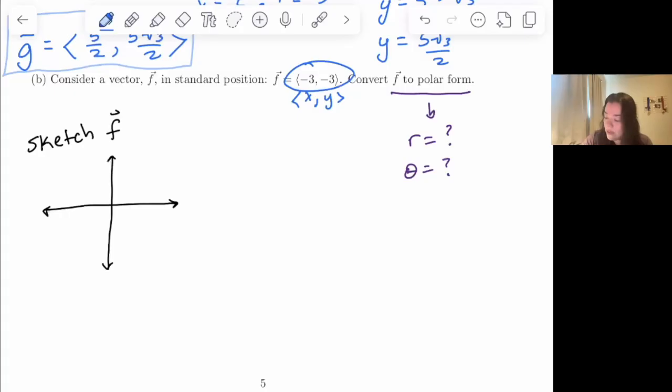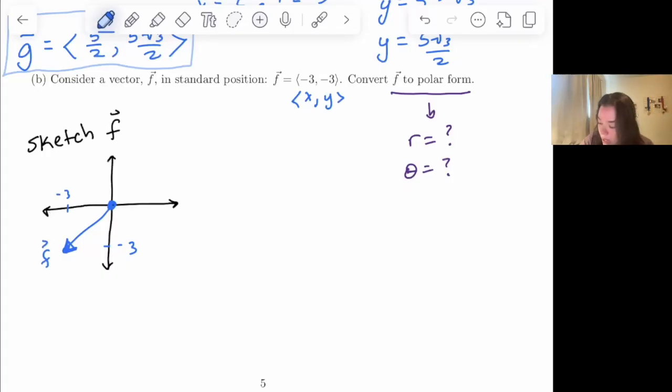So remember, it's in standard position. So its butt is at the origin. And then its head is located at -3 on the x and -3 on the y. So its head is just like so. So there is vector F sketched for us.